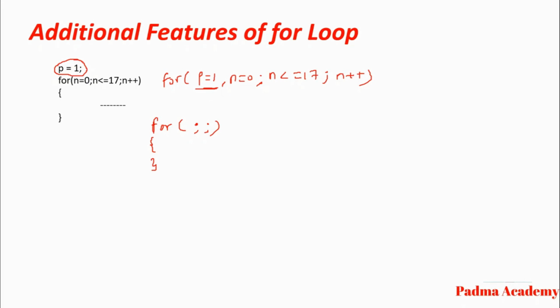Another thing is that you can also do the increment or decrement section like this also, that is p comma n equal to 0. Similarly, you can also do it over here if you want to increment the p value also, so you can also do n plus plus comma p plus plus over here. Okay, those are the additional features of the for loop.